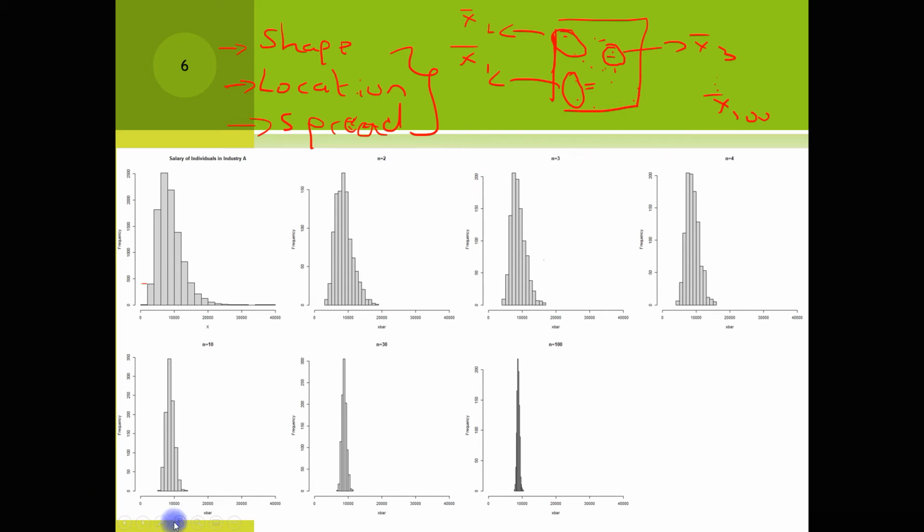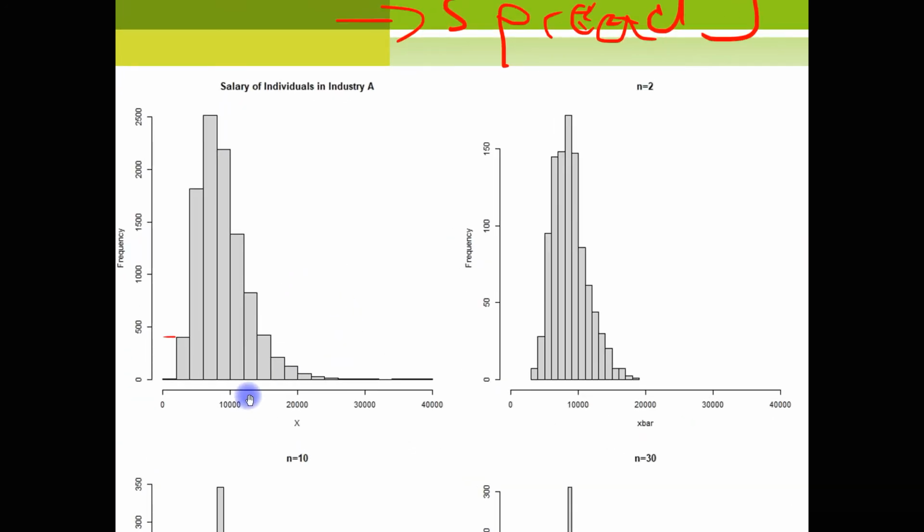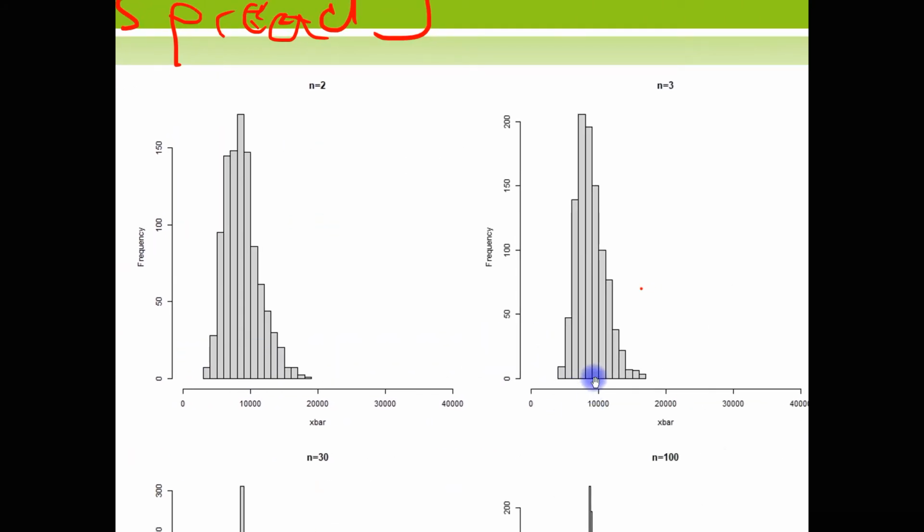To be able to see the location, maybe I'll zoom in so that you can see properly. In terms of location, if you look at the mean, it's close to 10,000. It's about 9,000, right? We know the exact value. In the previous slide, it was 8,800 something, all right? But if you look at it approximately from this graph, you will see that it is close to 9,000. If you look at the same thing here, it is close to 9,000. Here again, it is close to 9,000.